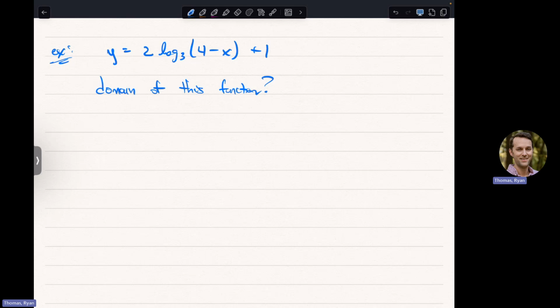What could you tell me? Okay, because of this, there is a reflection. It's on the inside of the function, the inside of the logarithm, so it is over the y-axis.